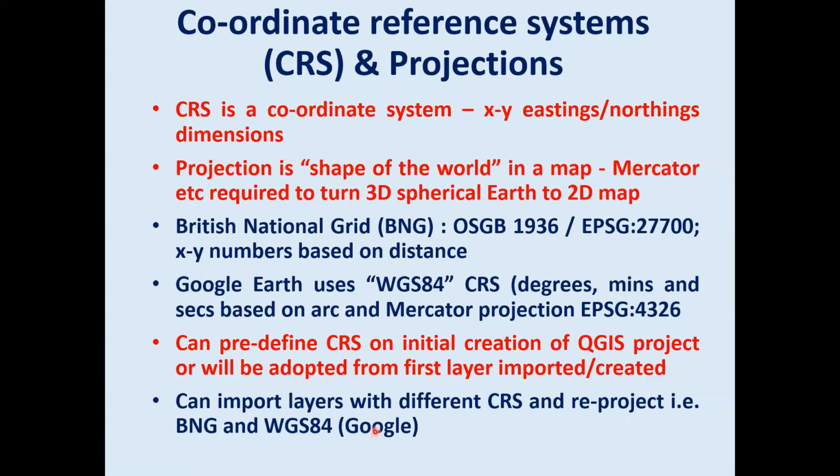So if you start with BNG, you need to reproject your Google. Otherwise, you'll find things don't align. And that's probably the most common issue people have when they start. They hadn't noticed that the different things they're bringing in are in different coordinate reference systems.